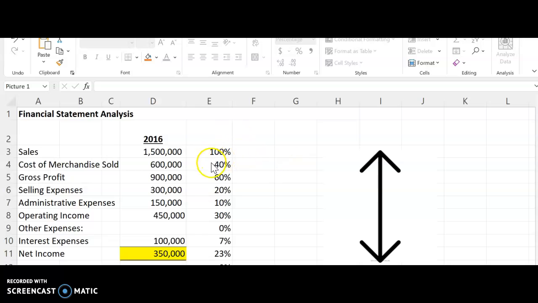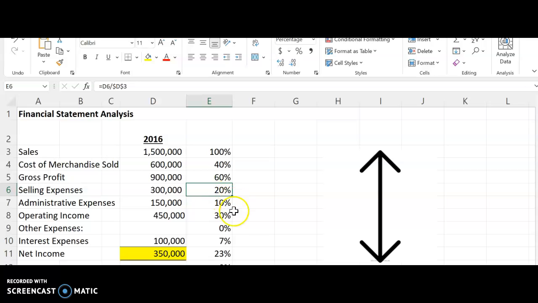As I would expect, cost of merchandise sold is the highest percentage. I'm spending 40% of my sales on my cost of merchandise sold. So that means 60% is left, or 60% is gross profit. 20% is selling expenses. 10% is administrative expenses.